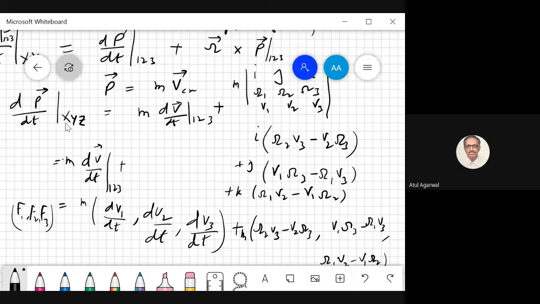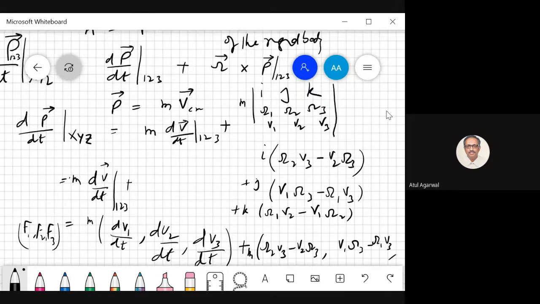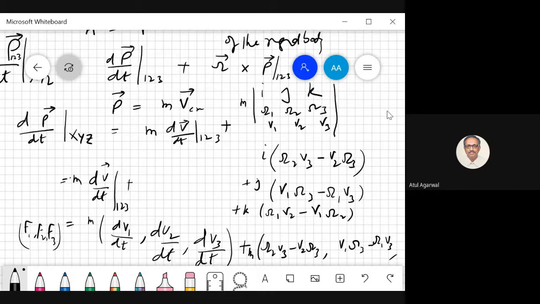Now you assume your P is... earlier you had found a time derivative with respect to that 1, 2, 3 system. That is this. This is with respect to that 1, 2, 3 system. And this is that total force, because you have found the time derivative with respect to the fixed system.